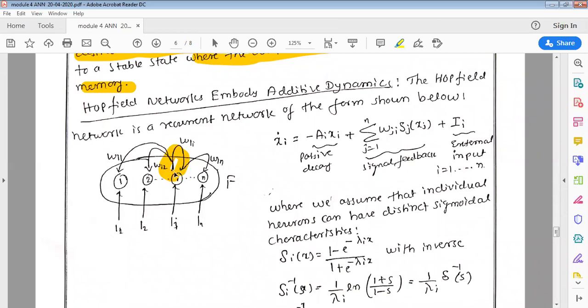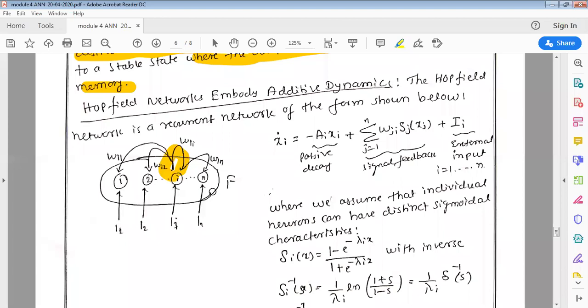W1i, if i is equal to 1, then it is self-association. W12 is the association of 1 with 2. W13 is the association of 1 with 3. So W1L is the association of vector 1 with vector L. Similarly, the same thing happens for the association of 2 with 1, 2 with 3, 2 with 4, or 2 with 2. So it is a self-association recurrent network.